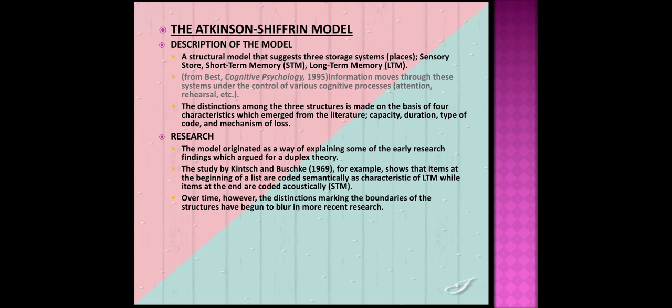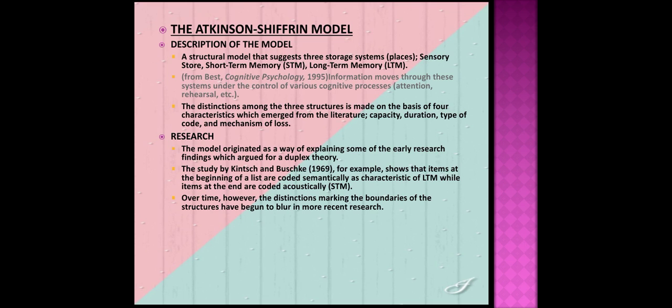Research. The model originated as a way of explaining some of the early research findings which argued for a duplex theory. The study by Kent and Bosch, for example, shows that items at the beginning of a list are coded semantically as characteristic of LTM, while items at the end are coded acoustically, STM.